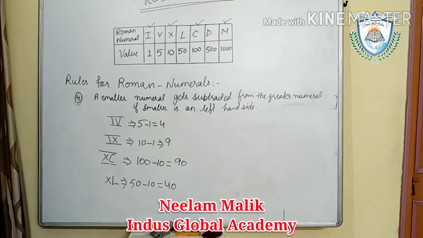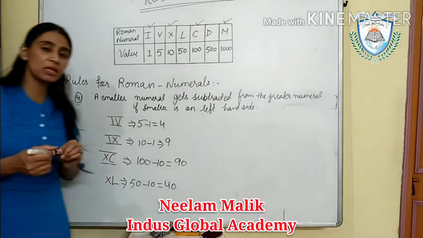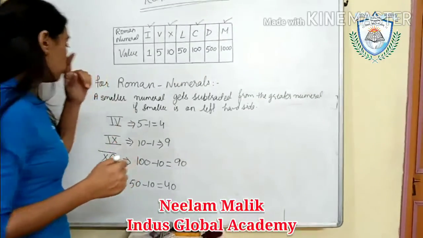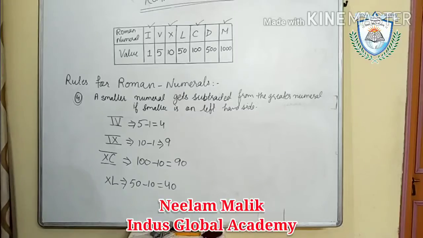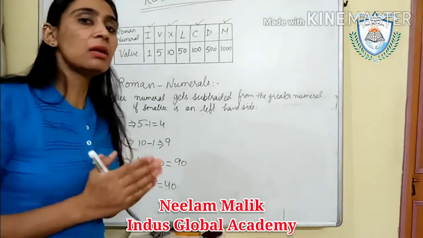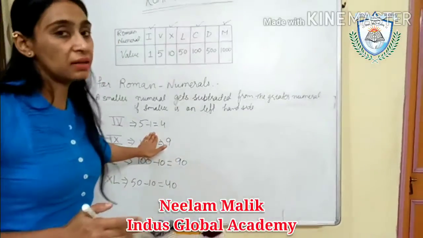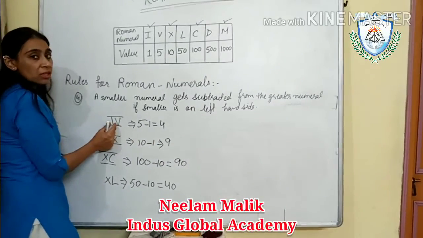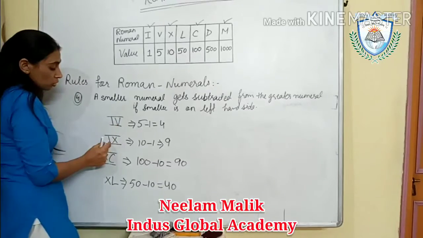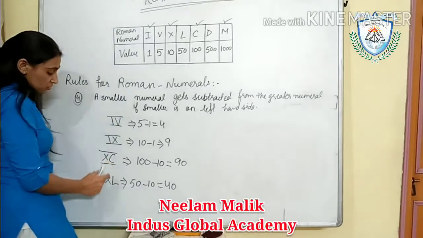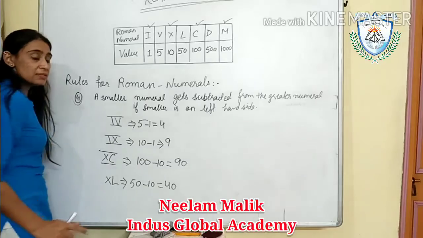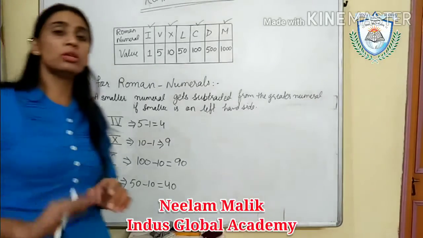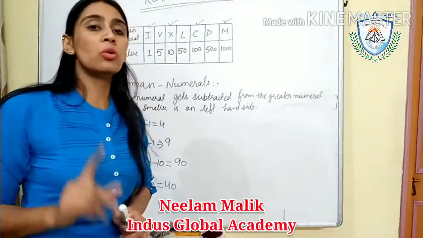One more thing that we have to remember here. We will not repeat any numeral when we are subtracting. We will not use double I, or double X. On the left hand side, when you are doing the subtraction, you will use only one time.